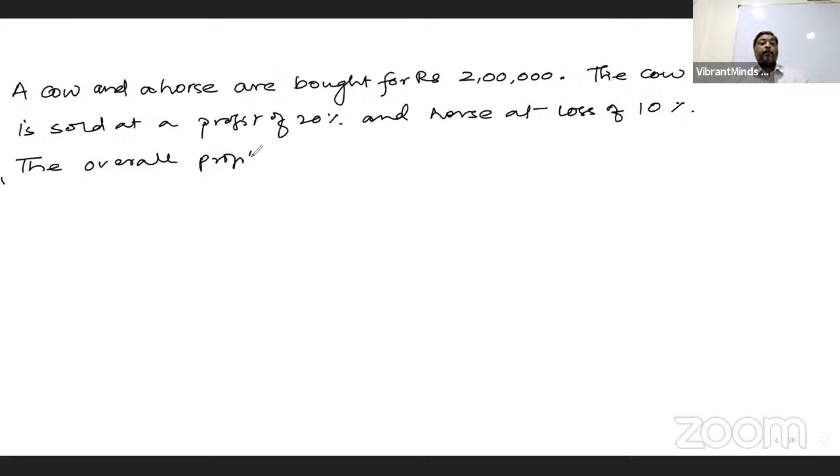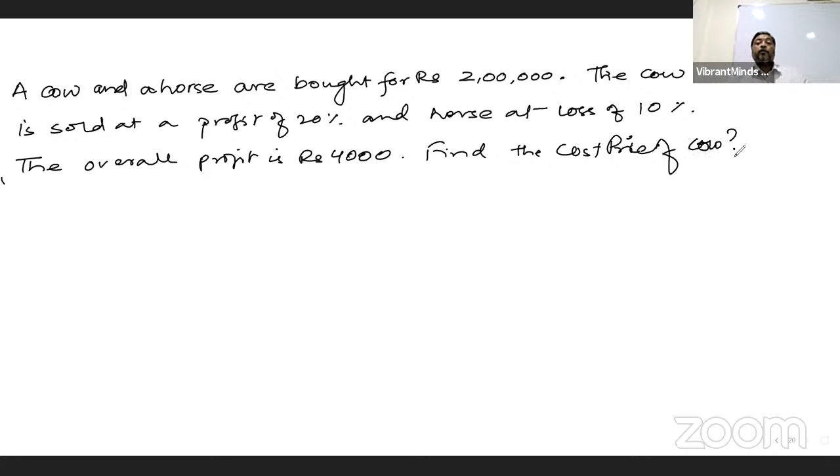The overall profit is rupees 4,000. Find the cost price of cow.